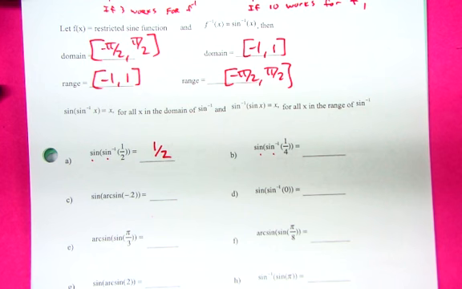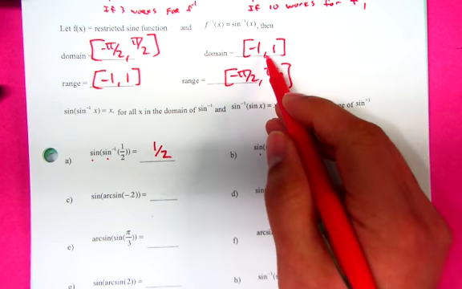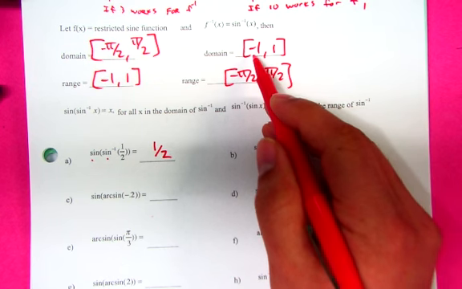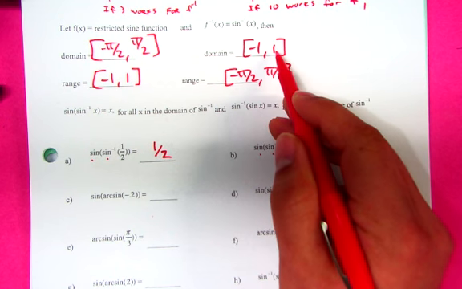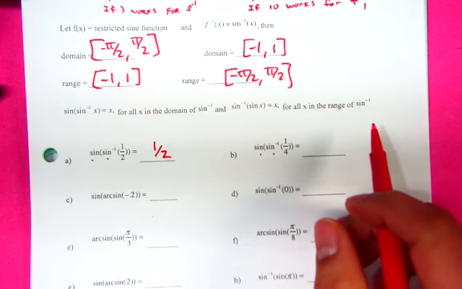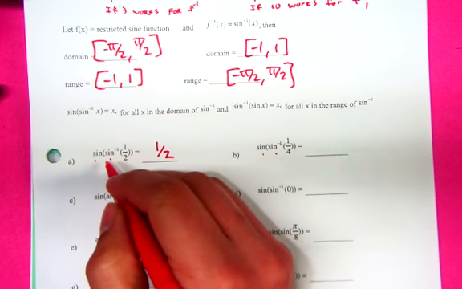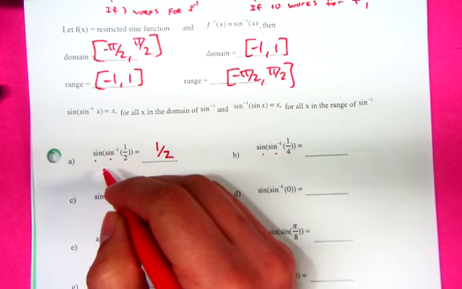Because 1/2 is part of the domain of the inverse sine. Because the inverse sine domain was from -1 to 1, and 1/2 is between those two numbers. Is it always so? You always check in the domain of the inner function, yes. Does that make sense? Okay.